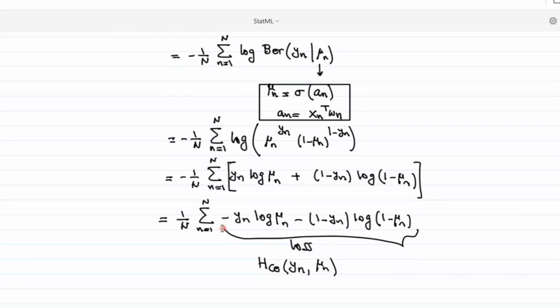And remember, yns are the true labels, zeros or ones, and mu n's are some probability scores. And this loss function is what is known as the cross-entropy loss function. So that's why we use CE, which stands for cross-entropy. It takes two inputs, the true output and the predicted output, which is actually the predicted probability for each class. And this is the loss function.